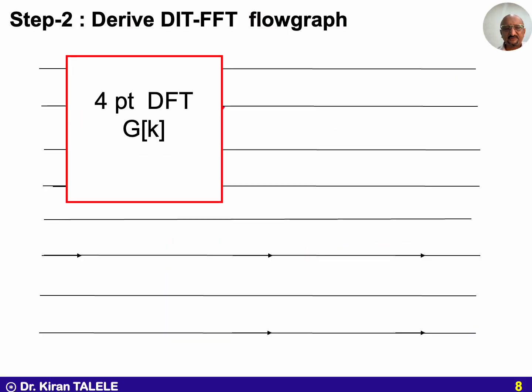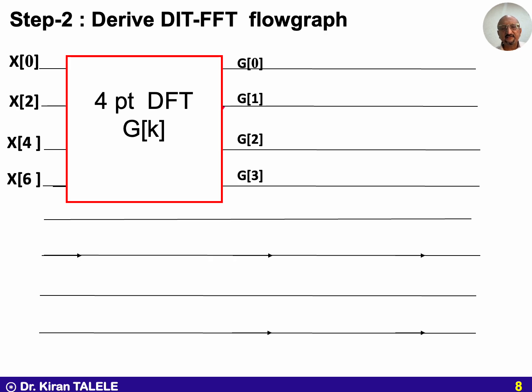Now this is a three-step procedure. First step to find G of k, second step to find H of k and third step to find X of k, everything graphically. G of k is DFT of x of 0, x of 2, x of 4, x of 6 and the corresponding output will be G of 0, G of 1, G of 2, G of 3. At this point in time we will assume that these calculations are done by following the DFT formula.